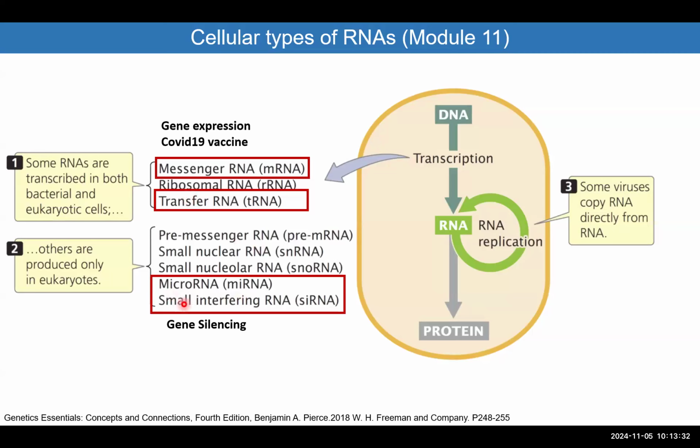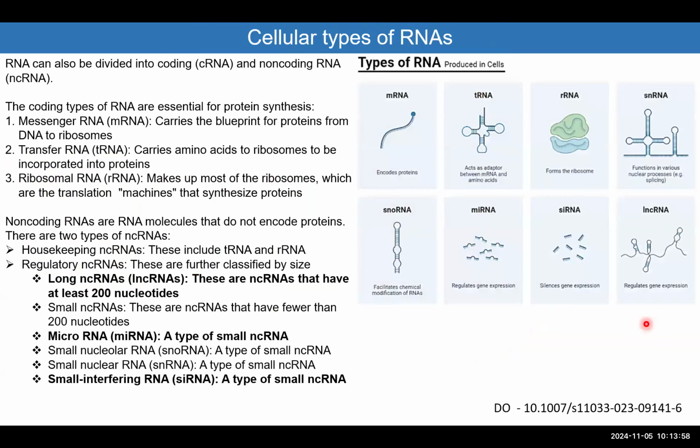And we described the microRNA and the small interfering RNA when we want to knock down a gene. So we want to kill certain RNAs that are specific for a gene so that the gene expression doesn't continue. And that's how we achieve gene silencing. So if you have questions or you didn't go through module 11, I strongly recommend that you do that.